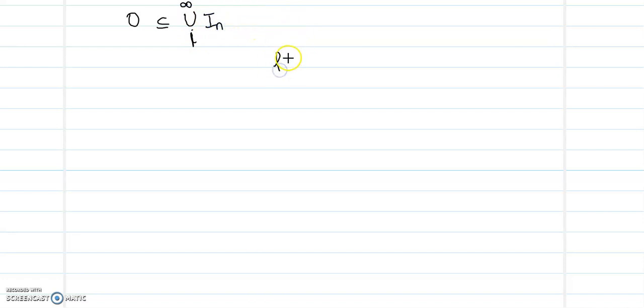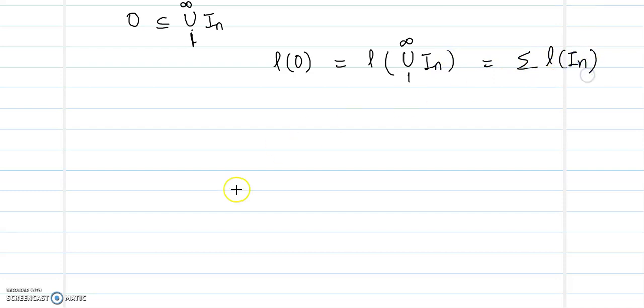Now if I want to measure the length of the open set O, that will be the length of the union of I n, which is the summation of the length of each I n. So if O can be expressed as a union of disjoint open intervals, the length of an open set can be defined in this form.